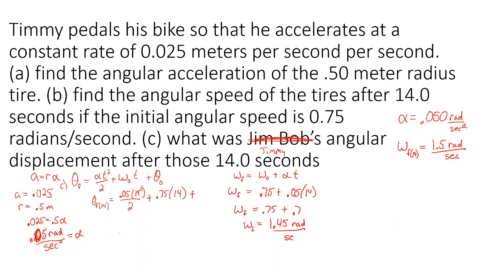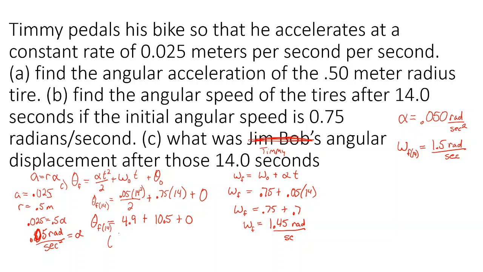And I'm not given an initial angular position, so we'll just say that's 0. All right, order of operations says I should do my square first, then multiply by 0.05, and then divide by 2. So I'll get 4.9 plus 0.75 times 14 is 10.5 plus 0.